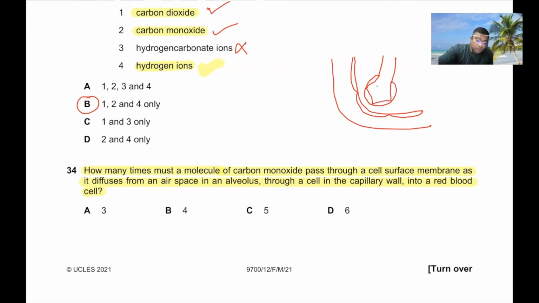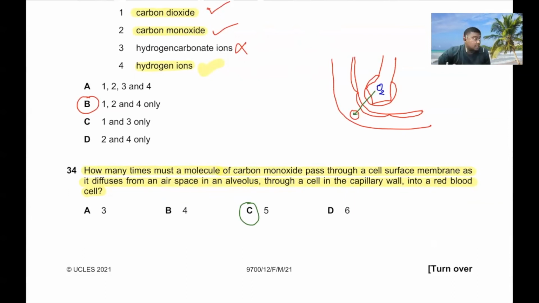So if an oxygen were to diffuse directly from there into a red blood cell, it must go through two, three, four, five cell membranes before it reaches the hemoglobin in a red blood cell. So definitely, if it wants to go into a red blood cell, it must pass the outer cell membrane of the red blood cell.